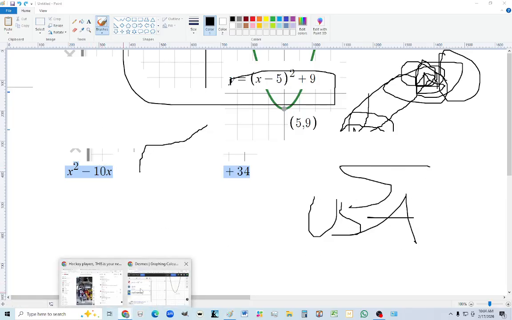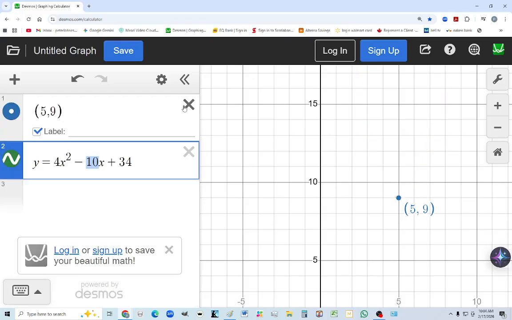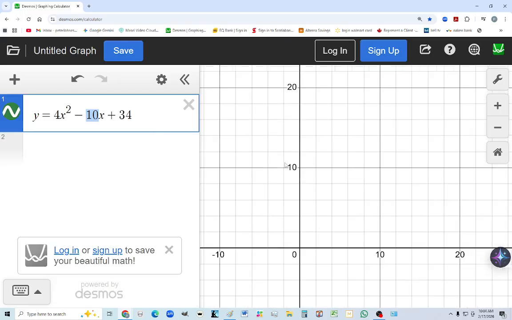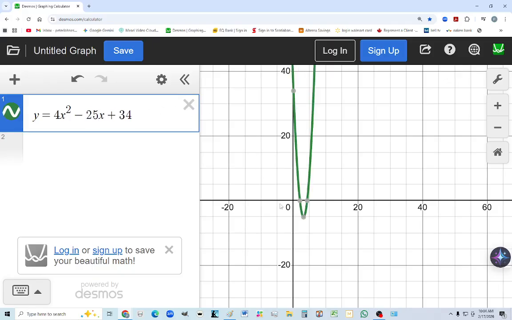Let's look at something that looks like this. We're going to change our thing. We're going to find a vertex that is visible. We're going to get rid of this. We're going to see if we can see our graph somewhere. There it is. We're going to multiply this maybe by 6, 7, we'll go 25 maybe.